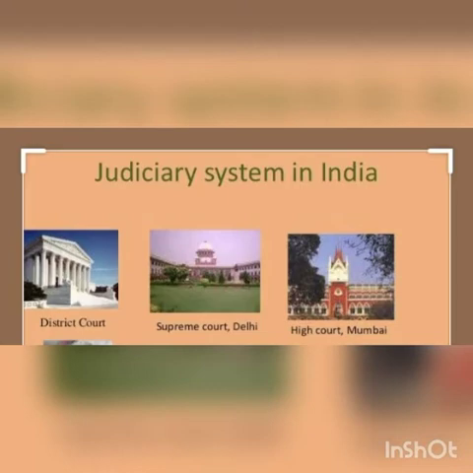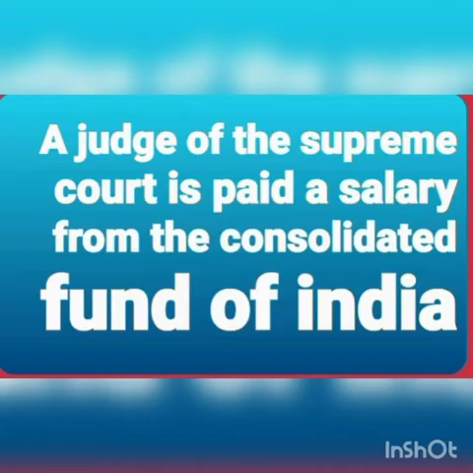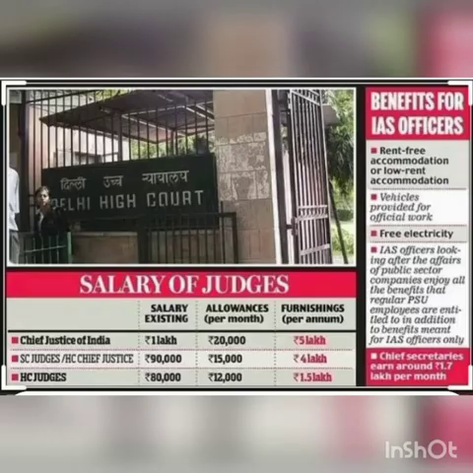A judge of the Supreme Court is paid a salary from the Consolidated Fund of India. Besides a salary, he is also given a free house to live in, and many other allowances are also provided to him.